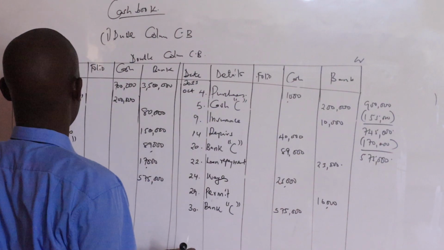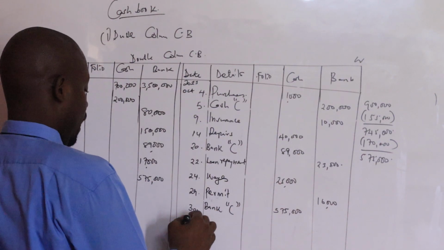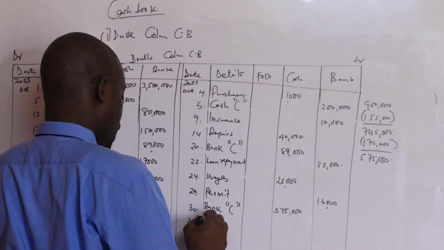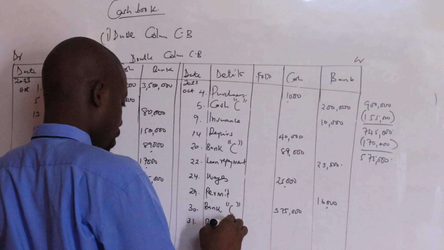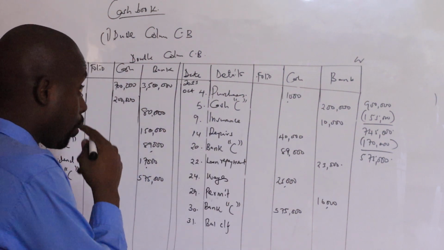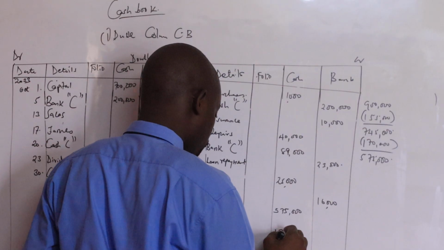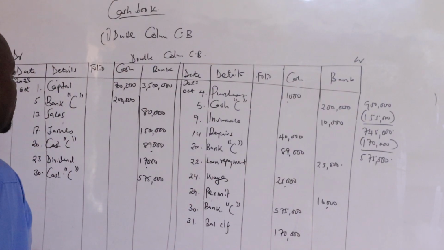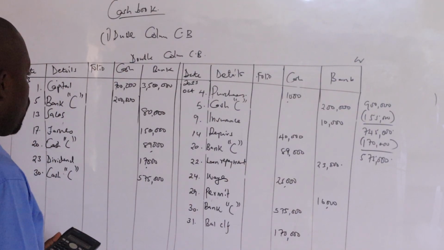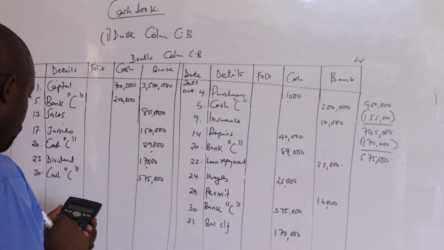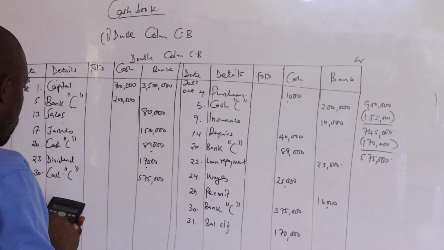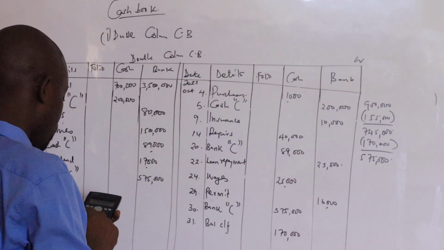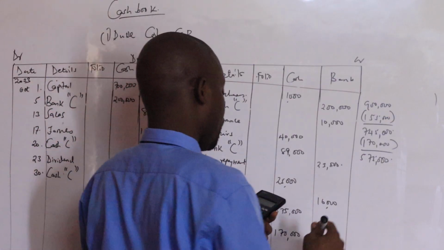This is the month of October, which ends on 31st. So we have the balance carried forward. You've been told cash should have a balance carried forward of 170,000. Now let's confirm bank. Bank inflows were how many? We had 500 plus 80, this is 230, then plus 89, plus 17, plus 575, that is 4411.